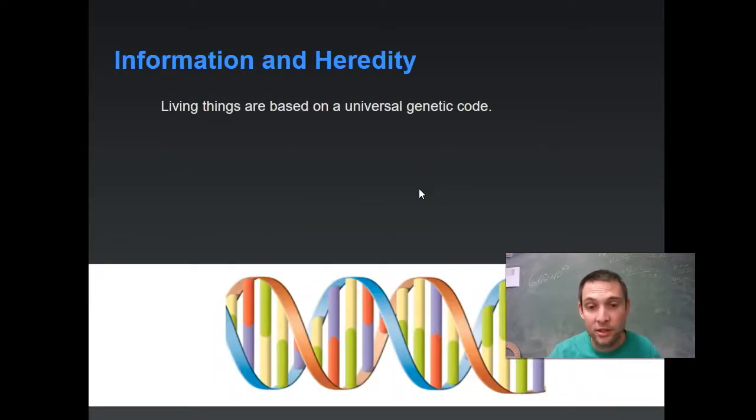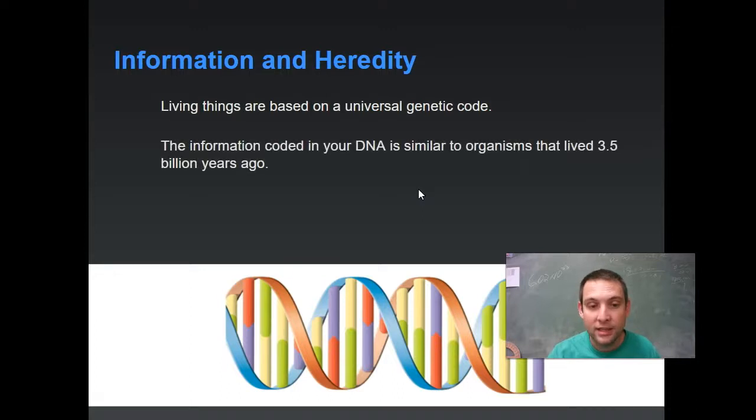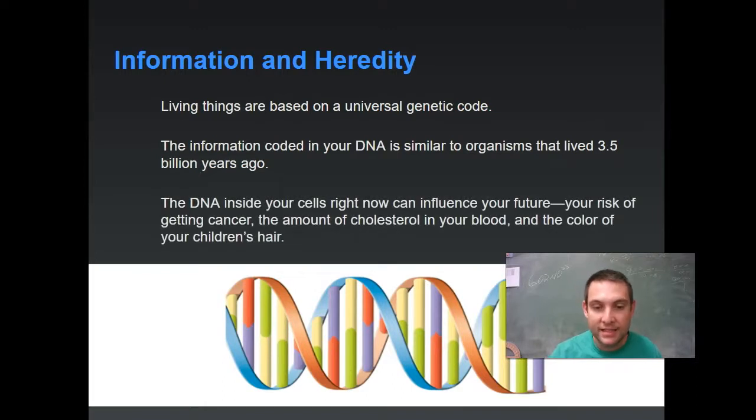Living things are based on a universal genetic code. The information coded in your DNA is similar to that of an organism that lived 3.5 billion years ago. The DNA inside your cells right now can influence your future, your risk of getting cancer, the amount of cholesterol in your blood, and the color of your children's hair.